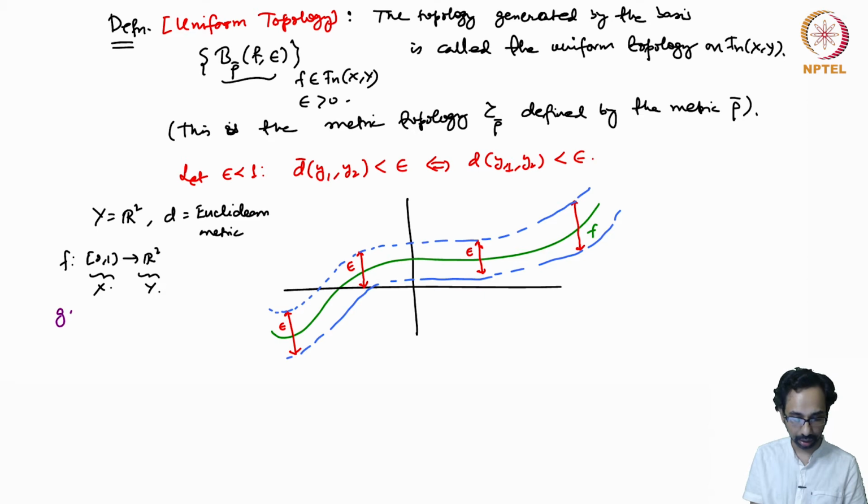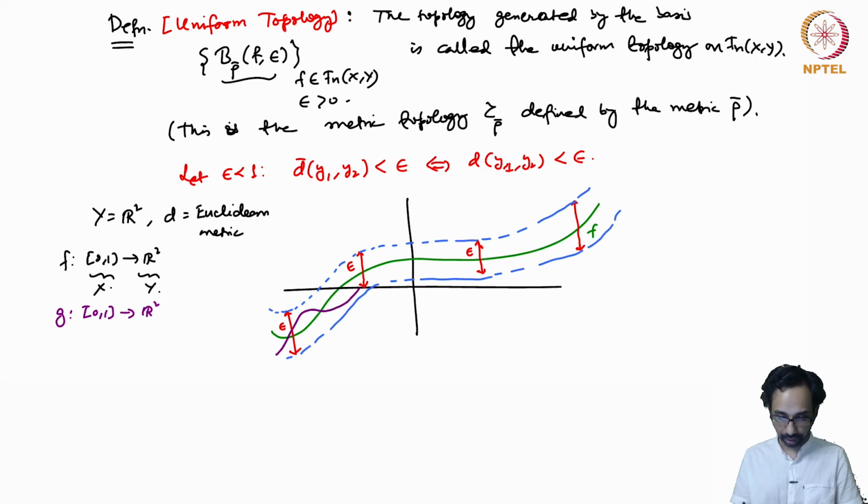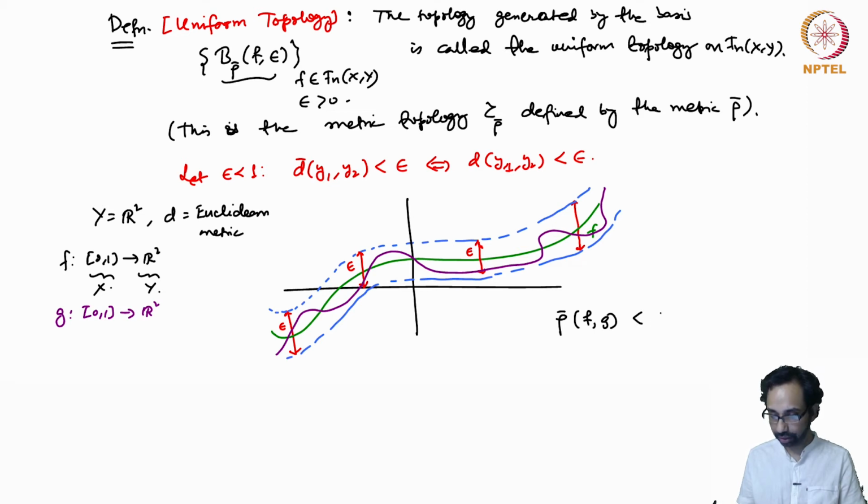So g is also a function between these two spaces, and the function g may look like this. So g always lies within the tube between the upper and lower blue curves, and in this case we have that rho bar of f and g is less than epsilon.